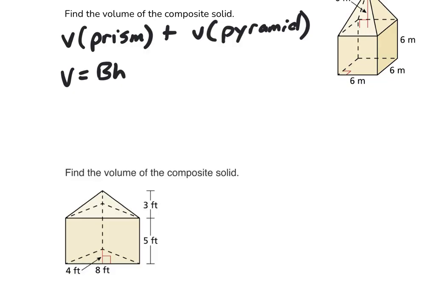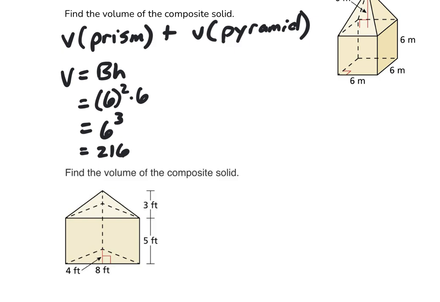Yep. So I could do 6 squared times the height, which is also 6. So it's really a cube, right? And so really what you could do here is you could just take 6 cubed, or 6 times 6 times 6. So that would be 216. So the volume of the bottom is 216 cubic meters.